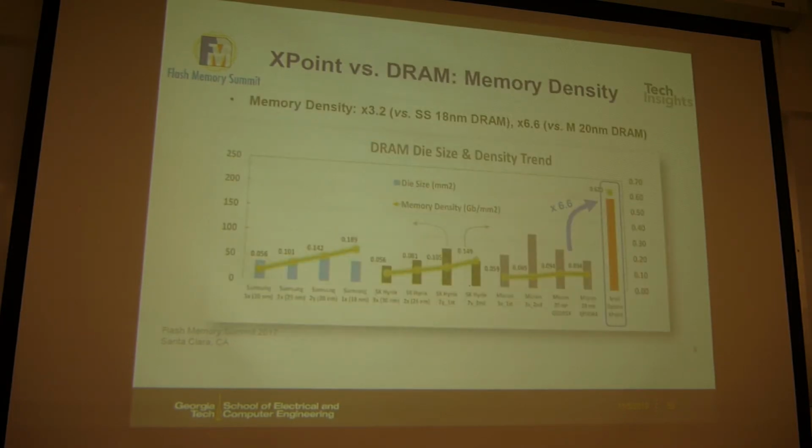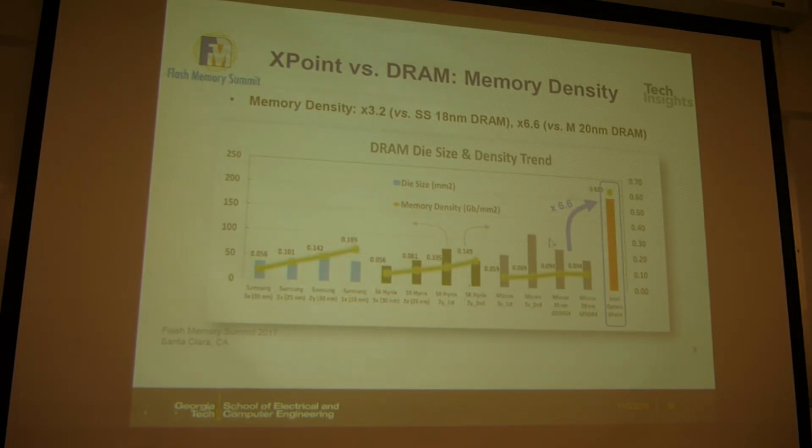Okay, so here are some high-level performance benchmarks using this 3D XPoint memory versus DRAM in terms of memory density. The first few groups are different DRAM memory densities from different vendors, from Samsung, from SK Hynix, from Micron, in around the 20 nanometer technology node.